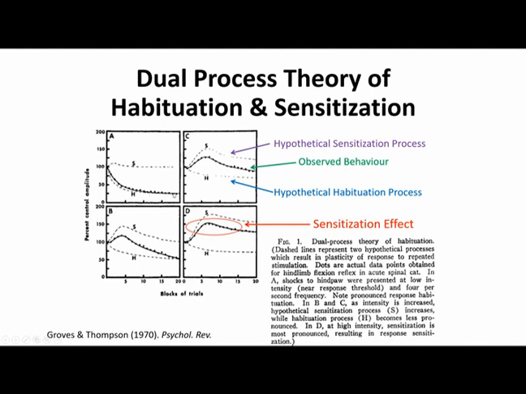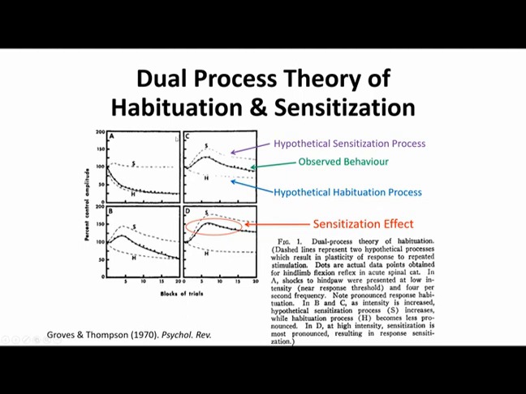see a net habituation. As the intensity of shocks is increased, they would see more of this sensitization process and a little bit less of this habituation process, and it leads to a net sensitization over time.